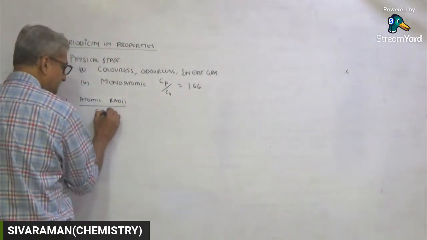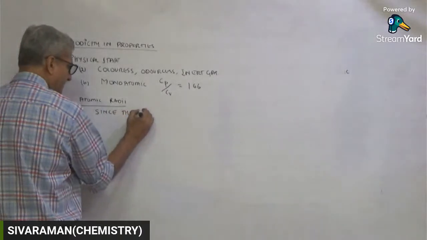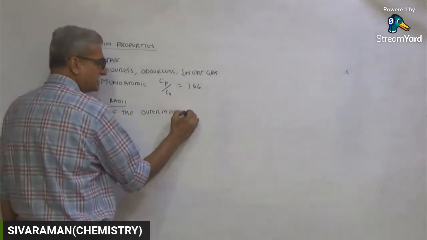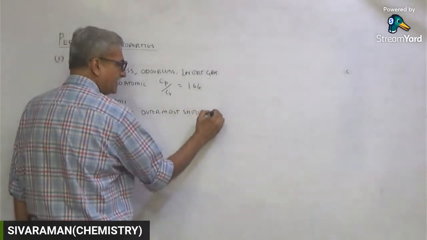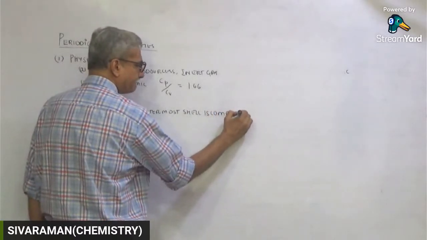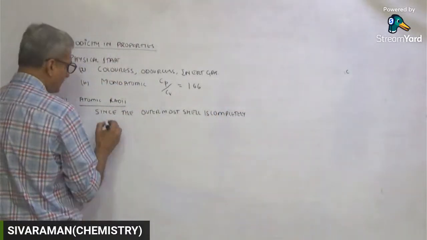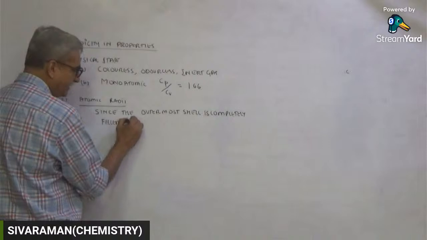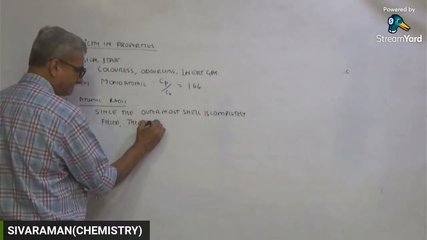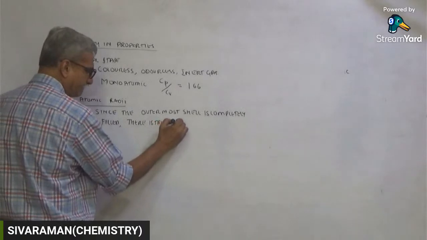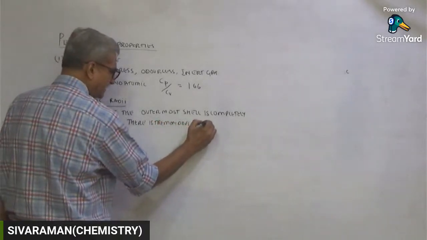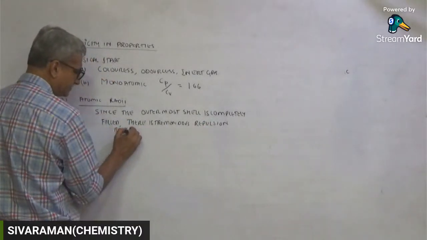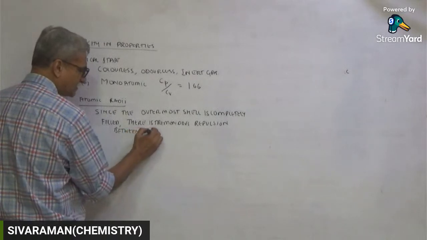So what happens? Since the outermost shell is completely filled, there is tremendous repulsion between the electrons.